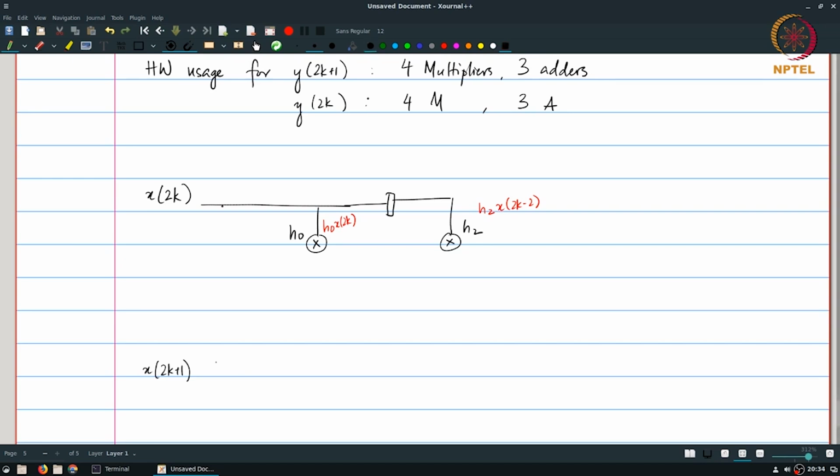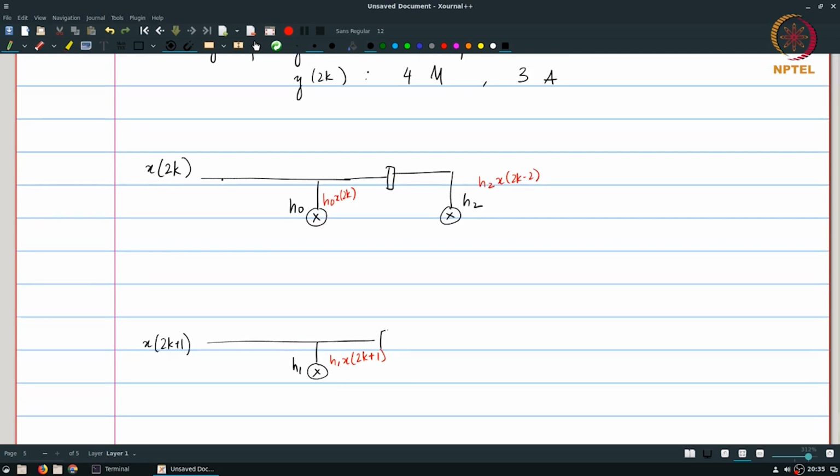Similarly, I will put this through another chain over here, which computes h1, or in other words, h1 x of 2k plus 1, and a delayed version multiplying by h3, which in turn computes h3 x of 2k minus 1.